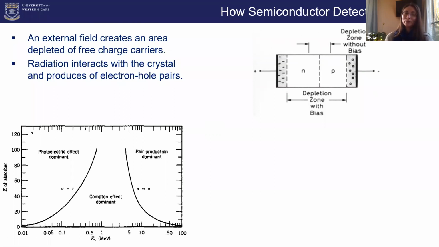That could probably be in an E&M course or a nuclear physics course, like you're doing right now. They say they know the photoelectric effect. Yes. Compton scattering, pair production.